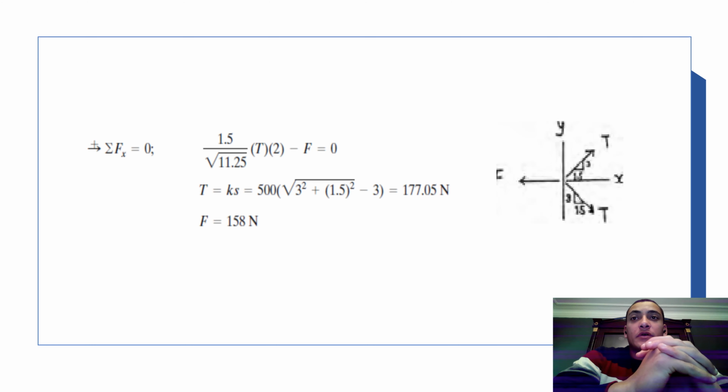T equals ks, which is the formula I provided earlier in the presentation, equals 500 newtons per meter, the stiffness, multiplied by the square root of 3 squared plus 1.5 squared, minus 3. This should equal 177.05 newtons. Put it in the first equation, and this should yield the force, which equals 158 newtons.